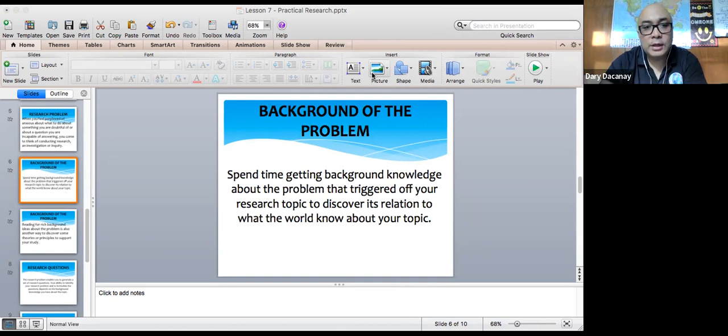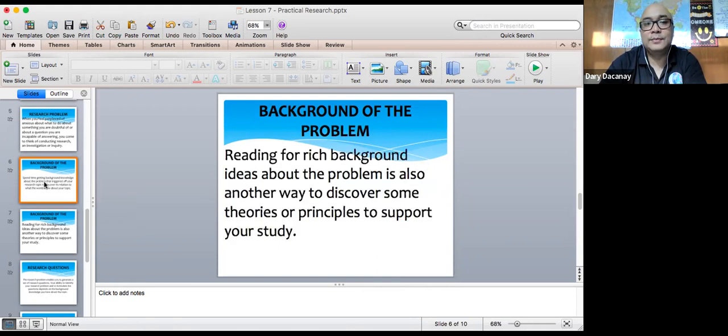There would be 3 to 4 references needed with citations in the background of the problem. Okay, the background of the problem, also known as the background of the study. So later on, you'll be able to see what is inside the background of the study.